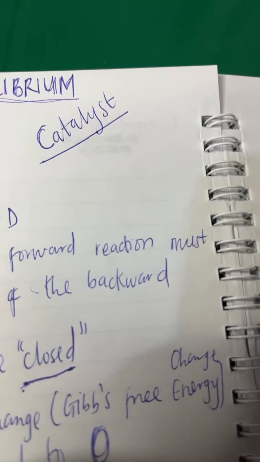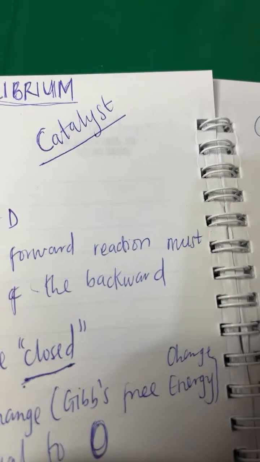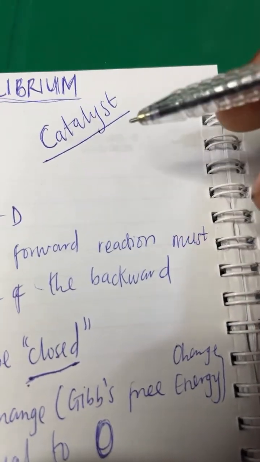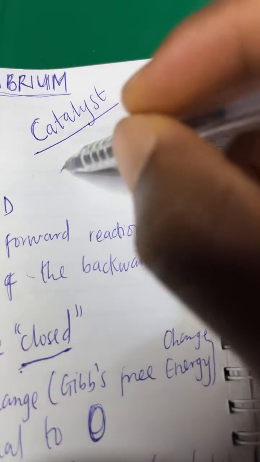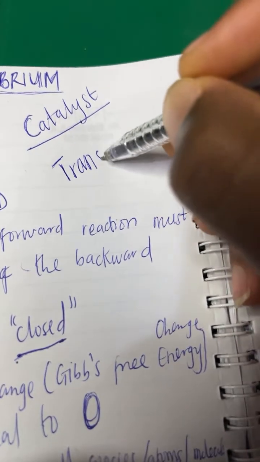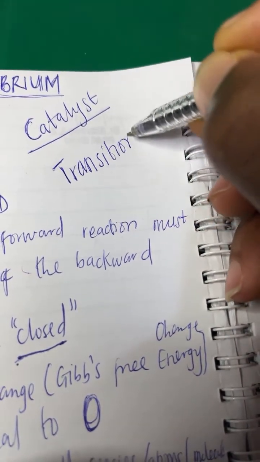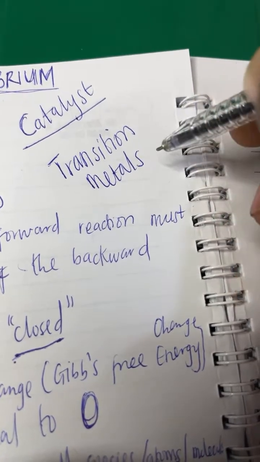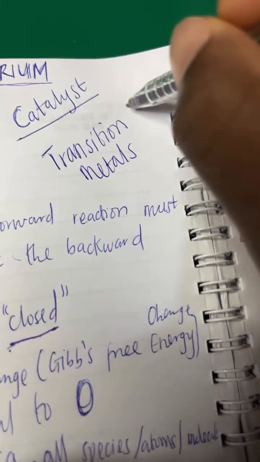Somebody said group 3, somebody said group 7. Somebody said transition metals. Yes, transition metals. We have catalysts in group 3 too, but the particular place that we have most catalysts is the transition metals. Transition metals have plenty of catalysts.